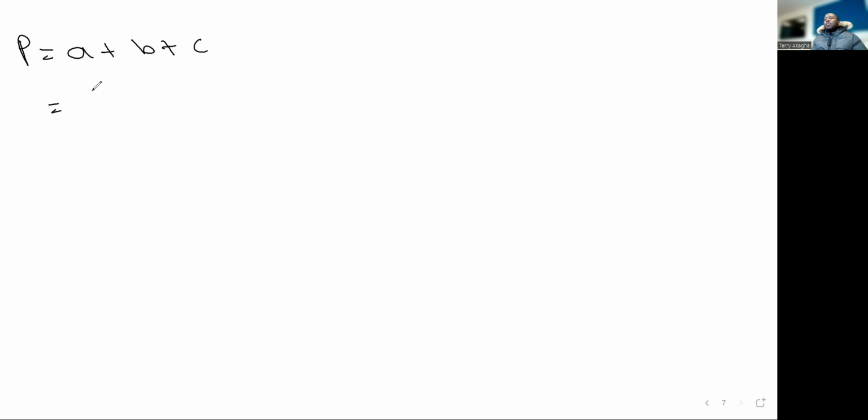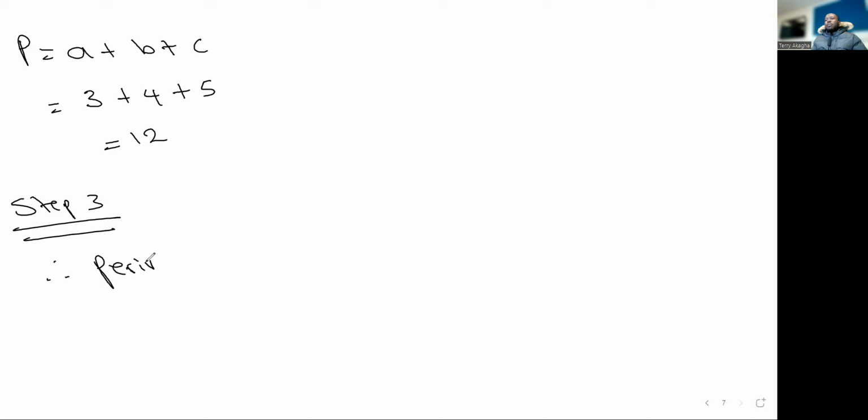So the perimeter will be 3 plus 4 plus 5, and that will give you 12. So step 3, the perimeter for this question will be equal to 12. And that will be the answer for that.